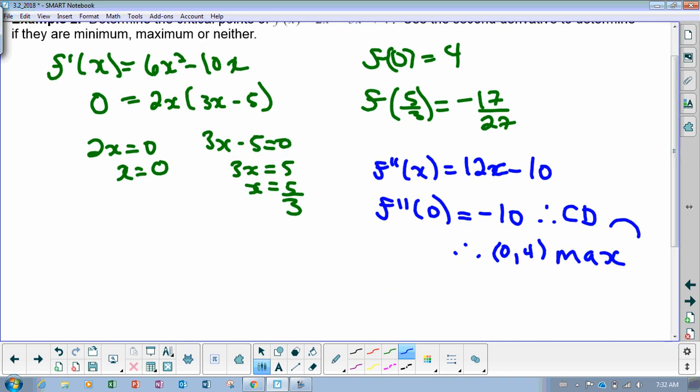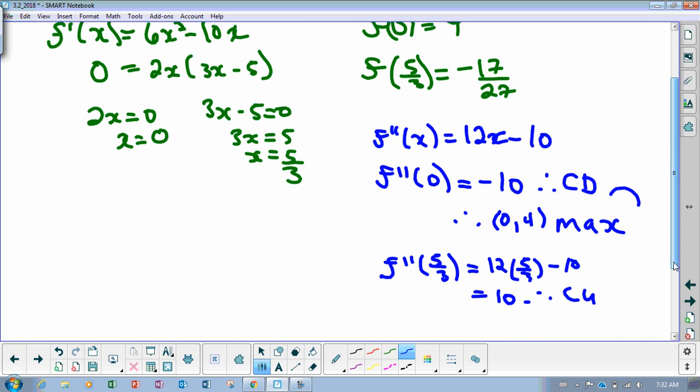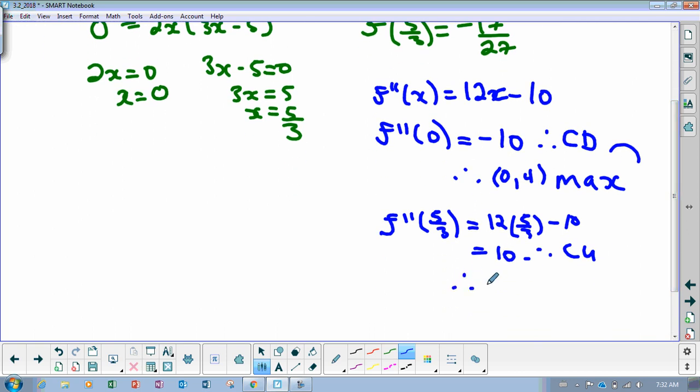If I do the same thing with 5 over 3, I'm going to have 12 multiplied by 5 over 3 minus 10. We get 10. Therefore, that's going to be concave up. Therefore, the point (5 over 3, negative 17 over 27) is going to be a min.